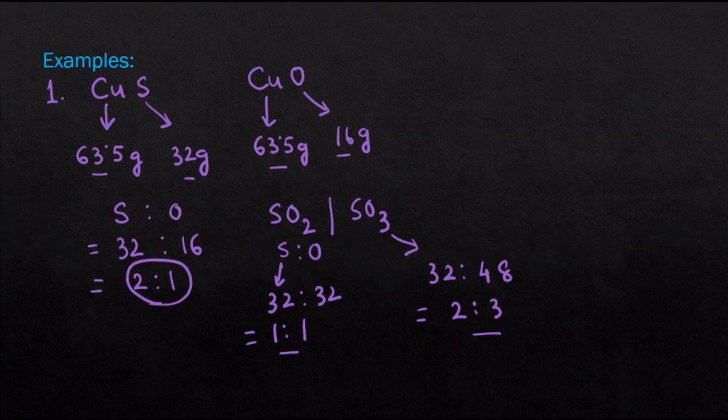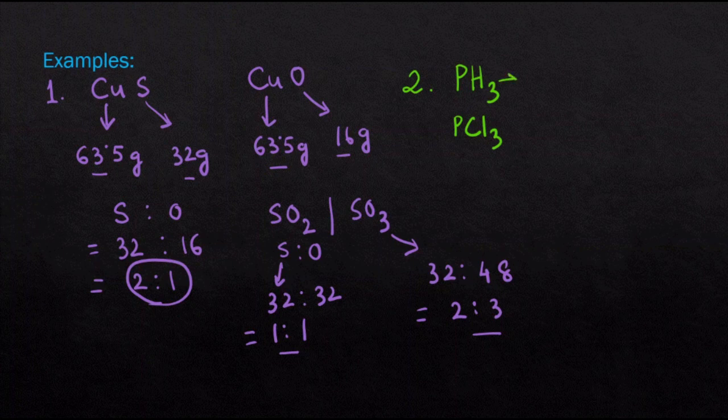We can consider another example where the compounds are PH3, that is phosphine, and the second one is PCl3, that is phosphorus trichloride.